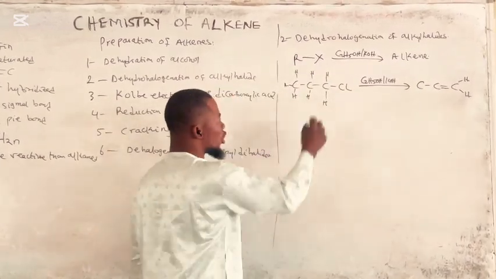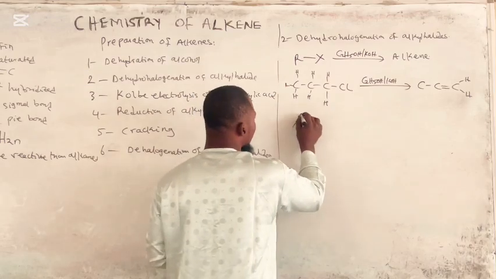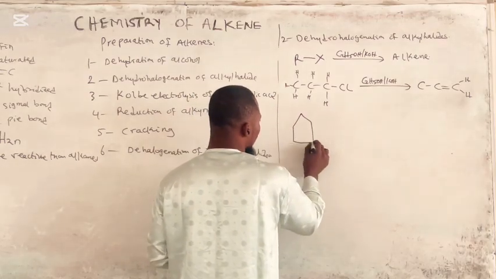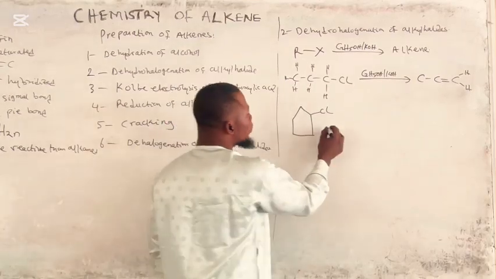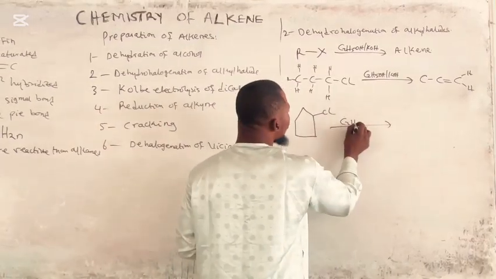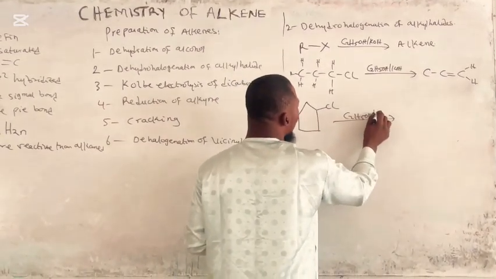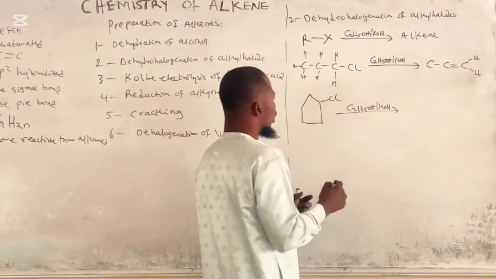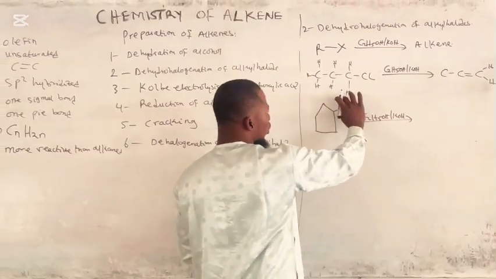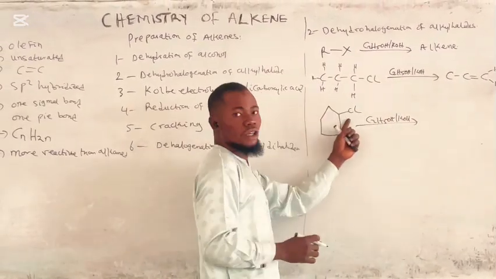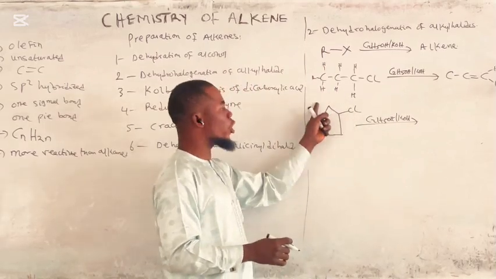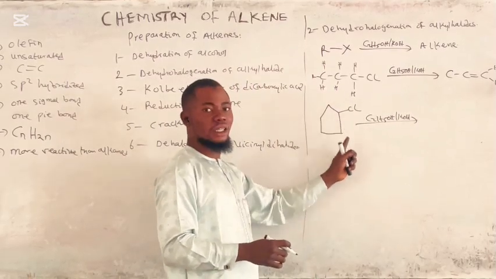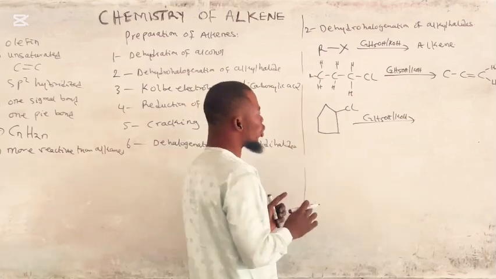Another example is you can have something like this. Then in the presence of C2H5OH potassium hydroxide, we will remove hydrochloric acid. This one too depends on how you remove it. You can remove hydrochloric acid upward or downward, depending on how you want to remove it.